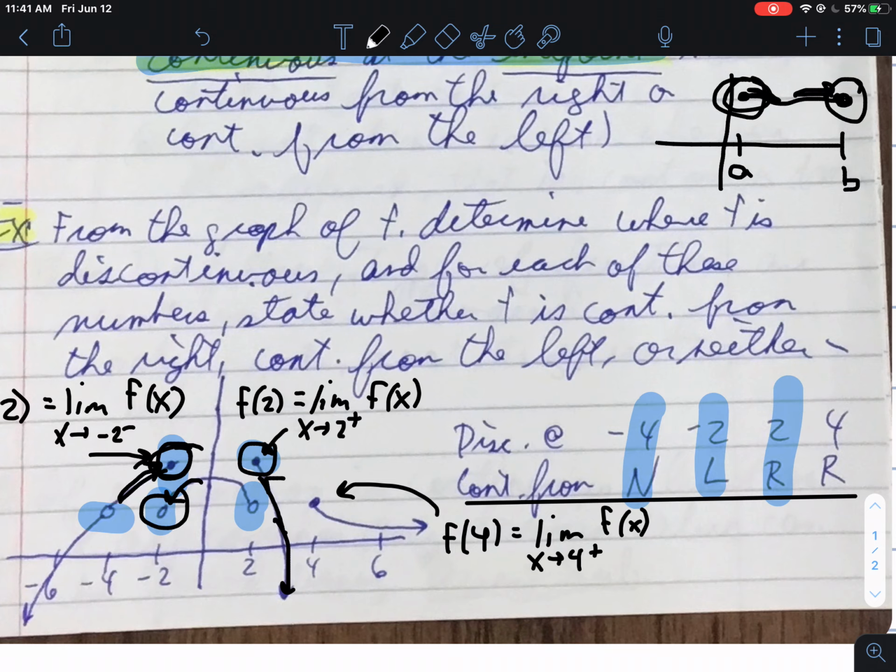The limit as x approaches 4 from the right is whatever that point is, which is exactly the same as f of 4. As we approach that point from the right, that limit is equivalent to the function value at 4. So we do have continuity from the right.